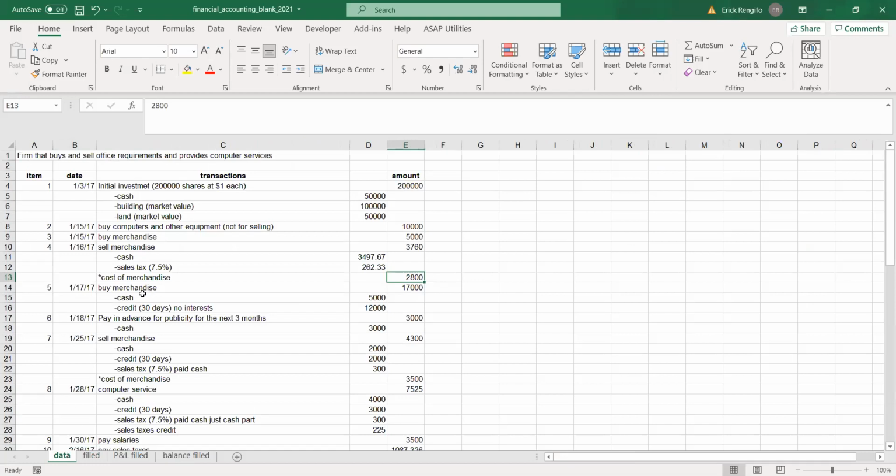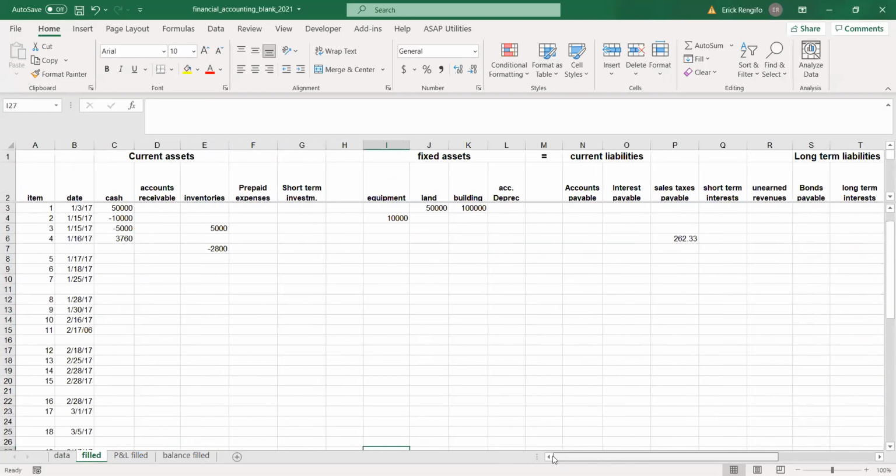Okay, so let's do one more, and then you start doing the remaining ones. I buy merchandise, but I will pay cash, $5,000, and I will have a credit, no interest for 30 days, $12,000. So my total merchandise is going to be valued at $17,000. So I will pay $5,000. I have a loan for how many thousands? $12,000.